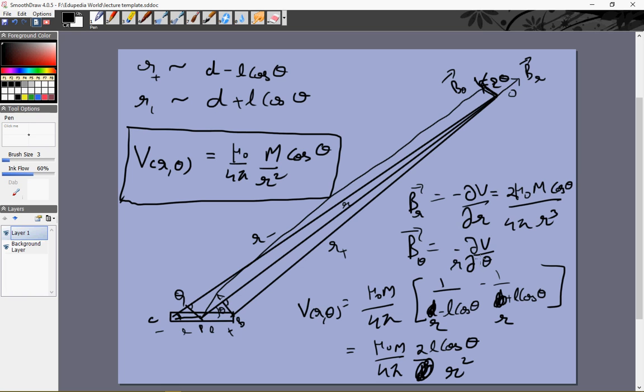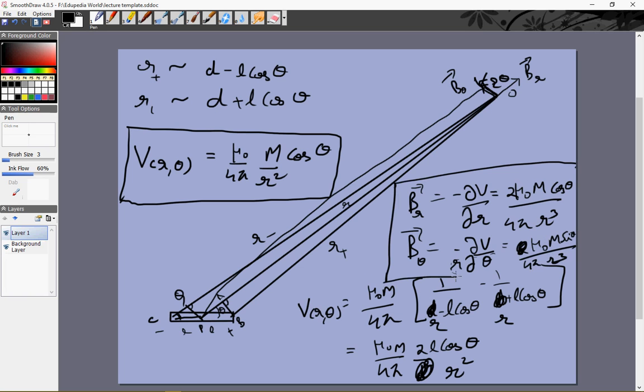So this should not be del V by del theta, this is del V by r del theta, because this has to have the dimensions of length. So del V by del theta, cos theta's derivative will be sin theta, and there's a minus sign, and we'll divide by r, so we'll get r cubed. So it will be 2 mu naught M, sorry, there will not be any 2, mu naught M sin theta by 4 pi r cubed.